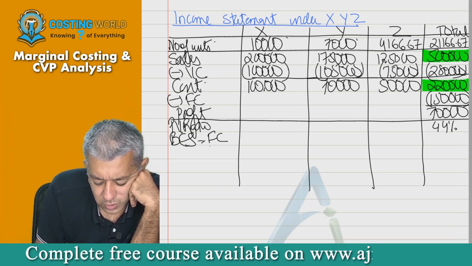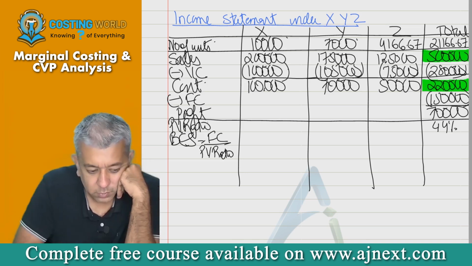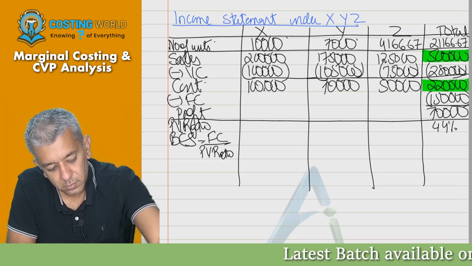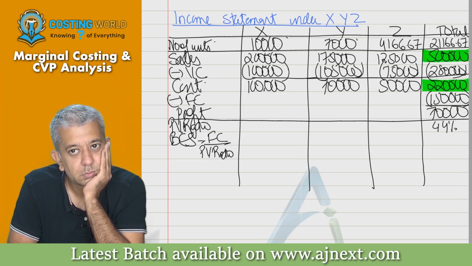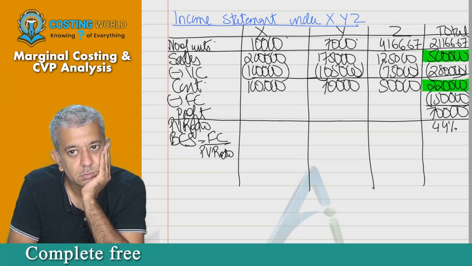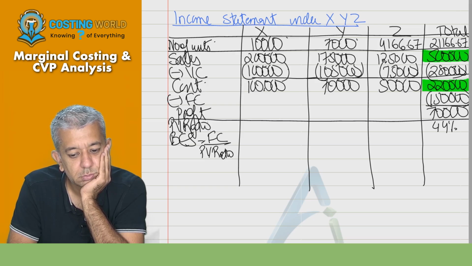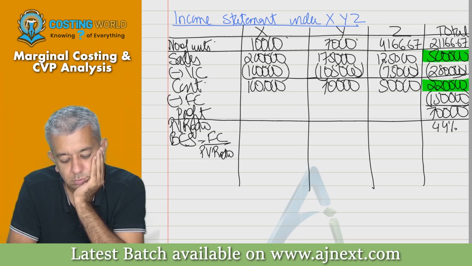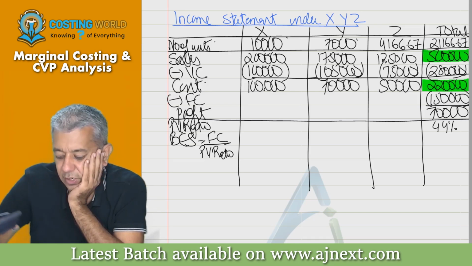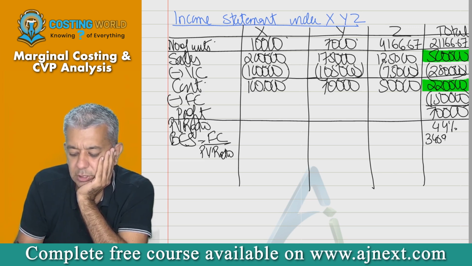Okay. Get me break-even sales now. Break-even sales is fixed cost divided by PV ratio. So do 1,50,000 divided by 44%, no? 340,909.1.